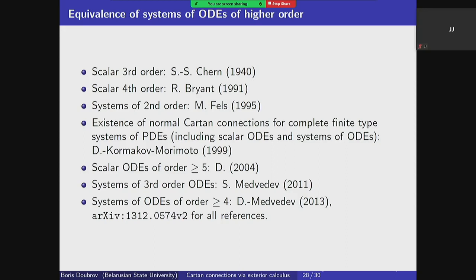But in case of overdetermined PDEs, where the solution space is of finite type, that should work. Essentially, this series of papers was about ODEs, but this particular one in the middle deals also with complete finite type systems of PDEs.